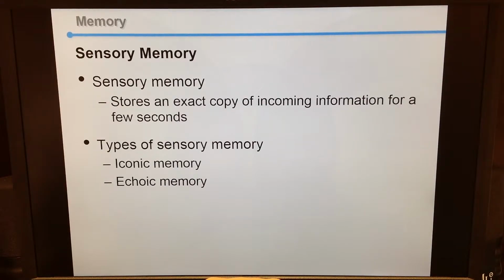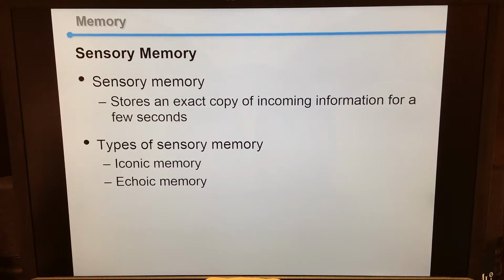Now think about iconic. That's a memory that we have because of our eyes. So iconic memory is a mental image or visual representation. And then echoic memory is something that we hear. So it's an auditory memory, and it stays for about 2 seconds.